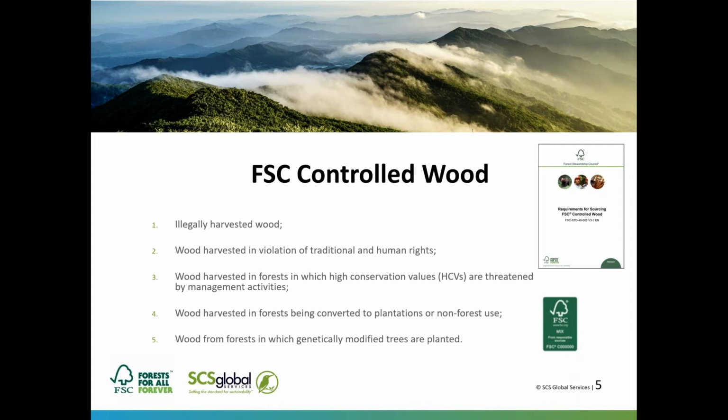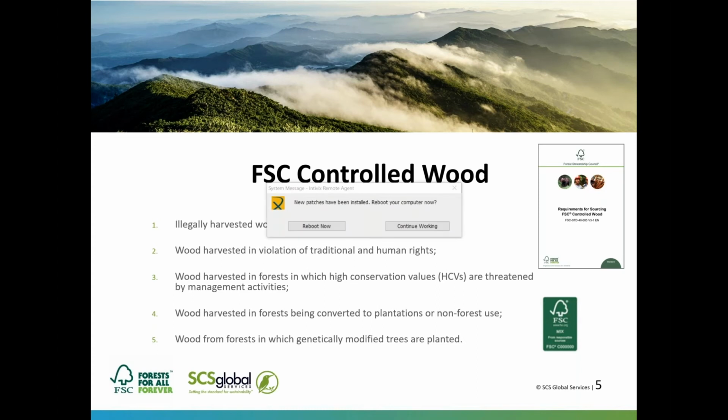Certificate holders source controlled wood by implementing a due diligence system to evaluate and mitigate risk of using material from these unacceptable sources. In other words, the standard requires certificate holders to know where the wood they source comes from, to evaluate the risk that they may source wood in violation of these categories, and to take action to mitigate or avoid any risk of sourcing unacceptable wood.